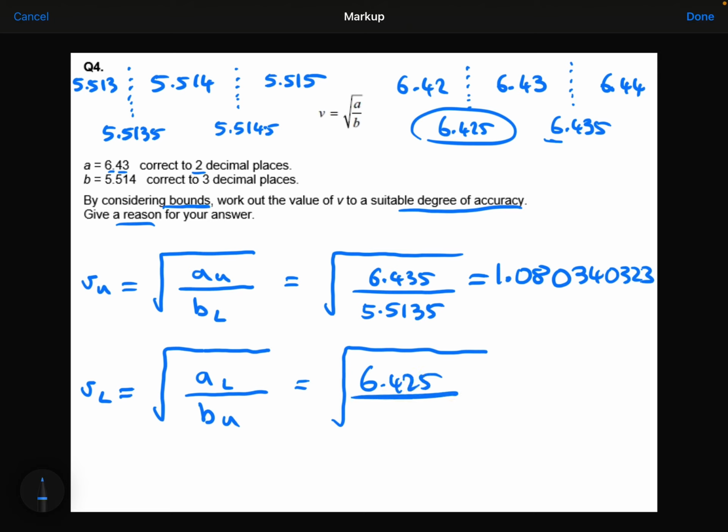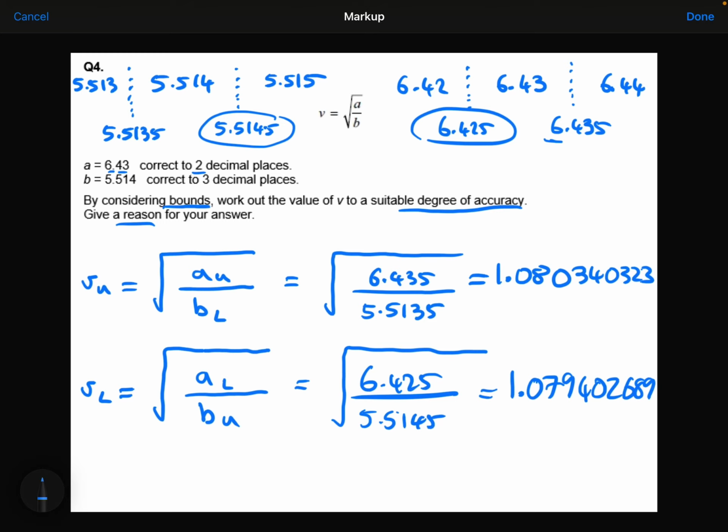The upper bound for b, we know that's the 5.5145. And substituting that into your calculator gives you the answer 1.079402689. So that's the lowest that v can possibly be.